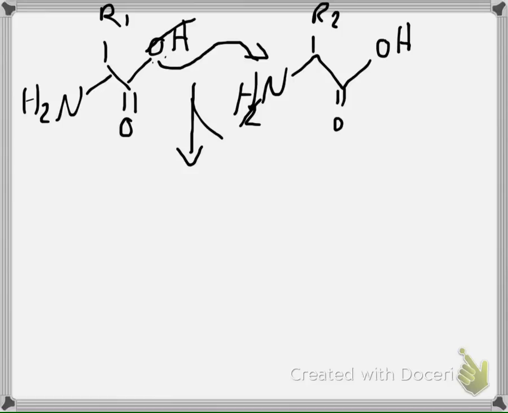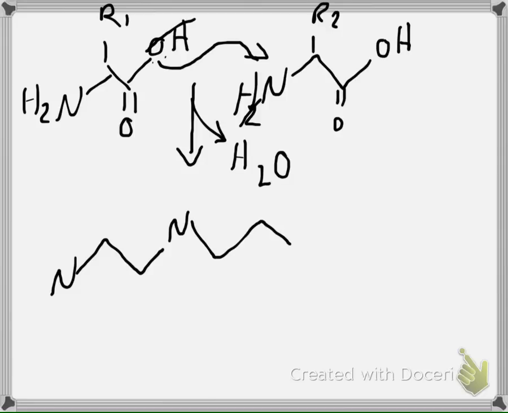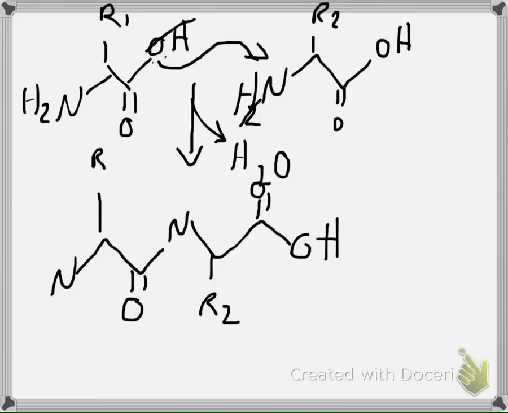So water is going to come off, and I'm going to be left with N to another N, and just for ways of getting things goofy, I'm going to make it a little complicated. And then R2, and we will still have the carbonyl, of course, and R1.